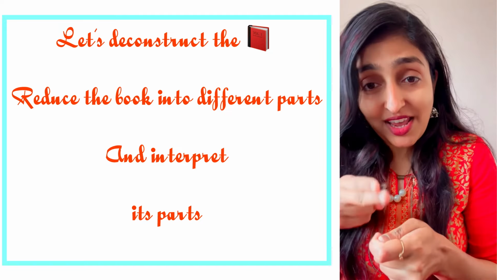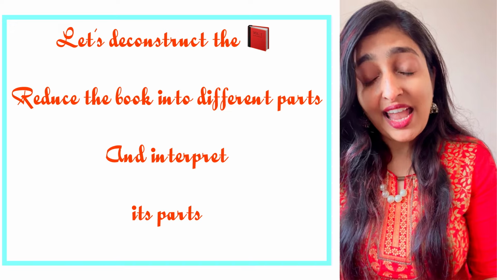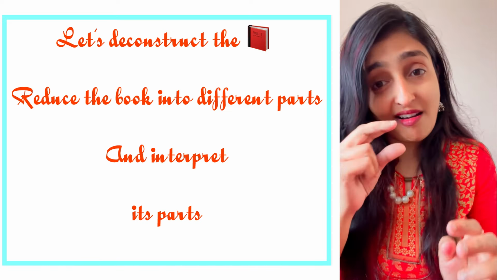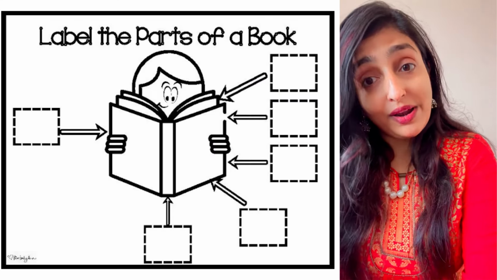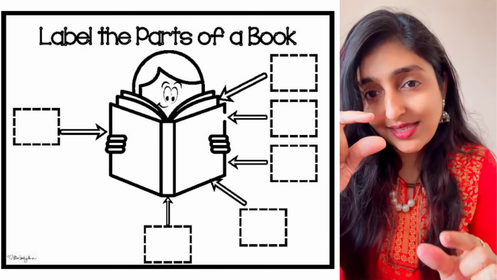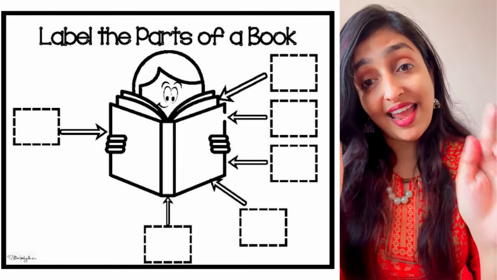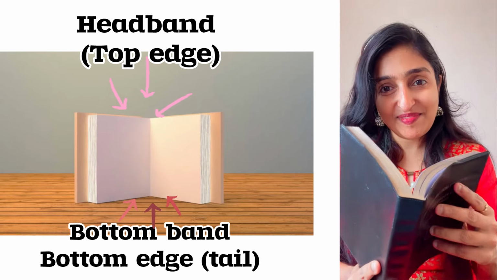I'll deconstruct and reduce that book, and we'll try to interpret its constituent individual parts. In short, we're going to learn the vocabulary of the bits and parts and pieces that make up an entire book. So let's begin. So this is a book.